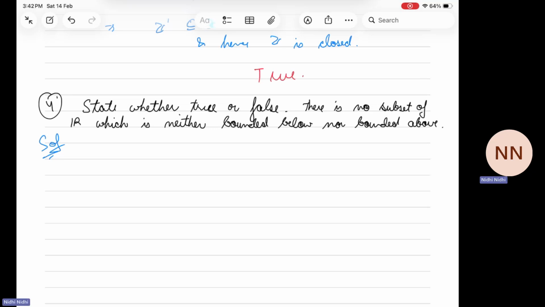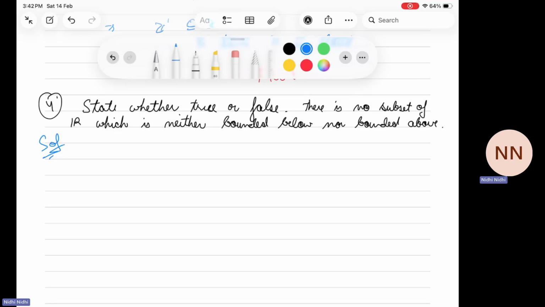So obviously this is false. One can get many examples.